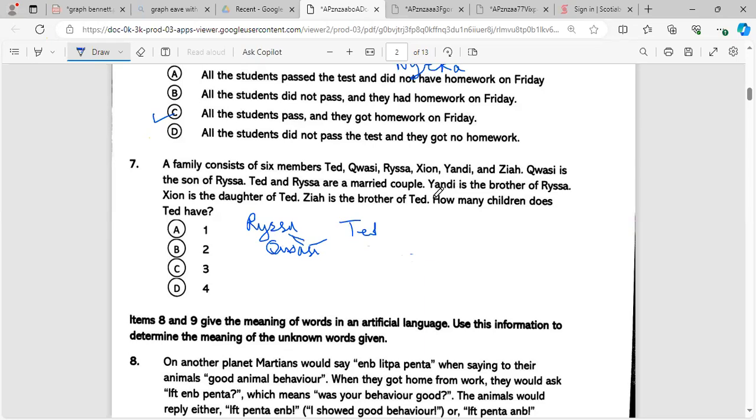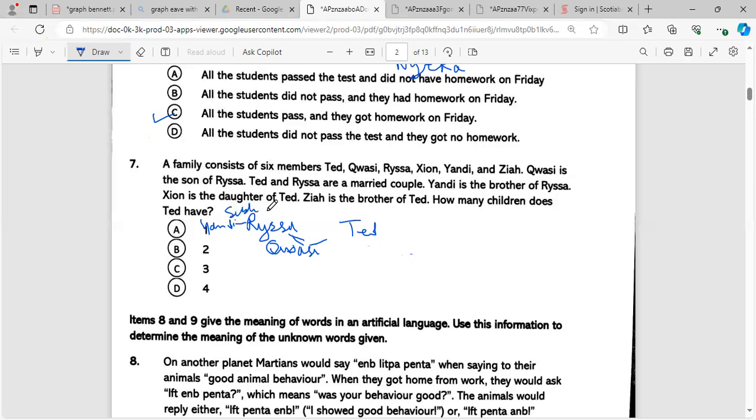They say Yadi is the brother of Riza. So he is just her brother, which is Yadi. Draw a rectangle. You can say this is a sibling, right?